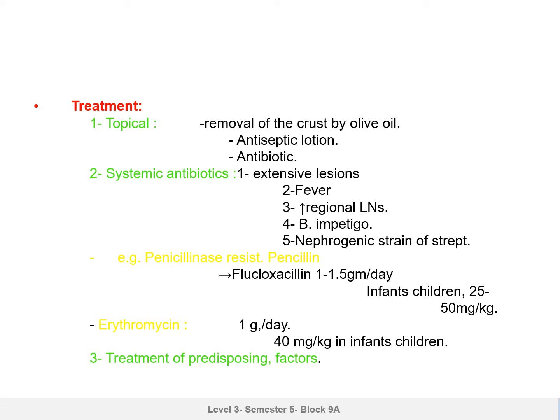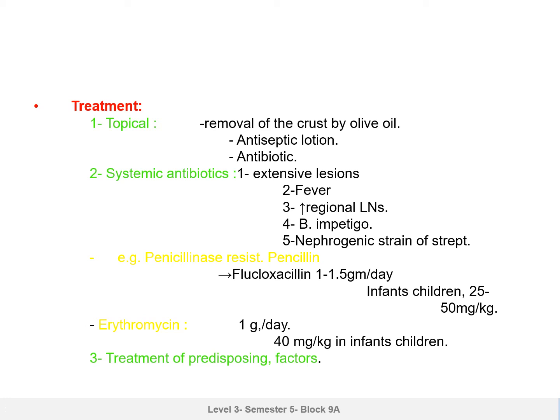The dose of erythromycin is 1 gram per day, or when you give the drug to infants or children, you must give the dose according to body weight, which is 40 milligrams per kilogram per day.